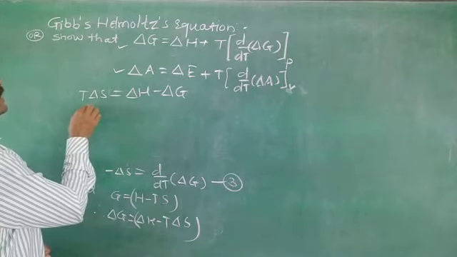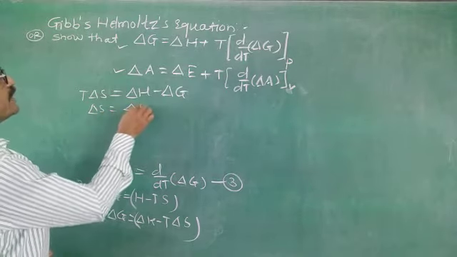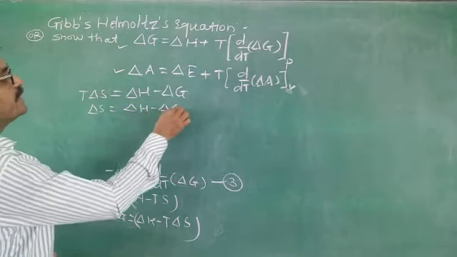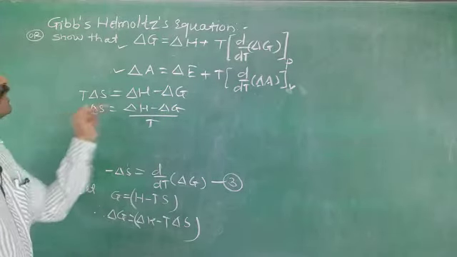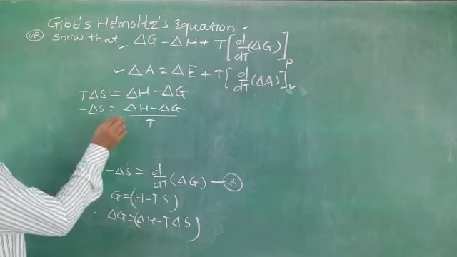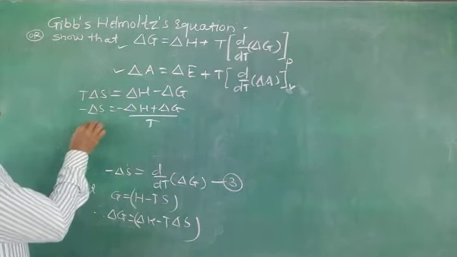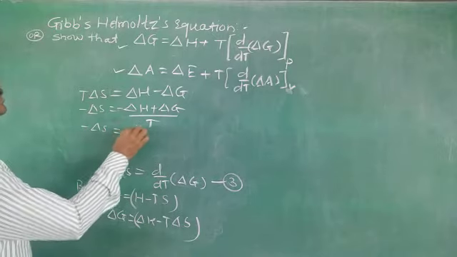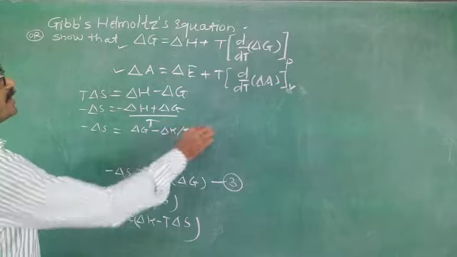That's why delta S is equal to delta H minus delta G upon T. Now if we multiply throughout by a minus sign, then that's why minus delta S is equal to delta G minus delta H upon T.